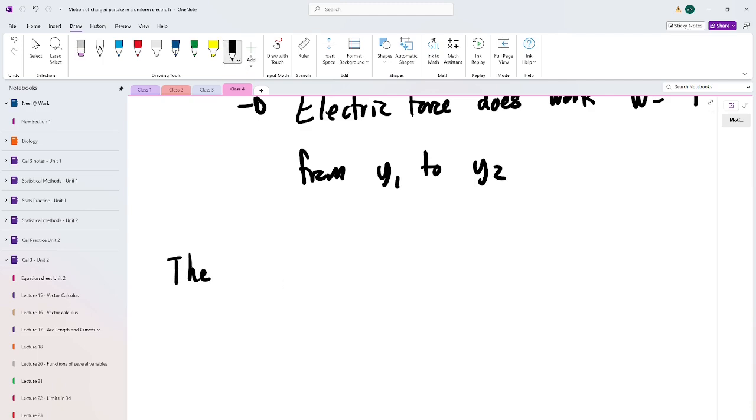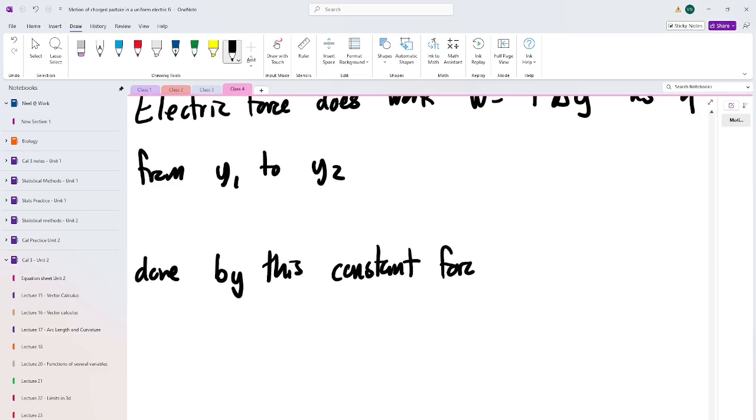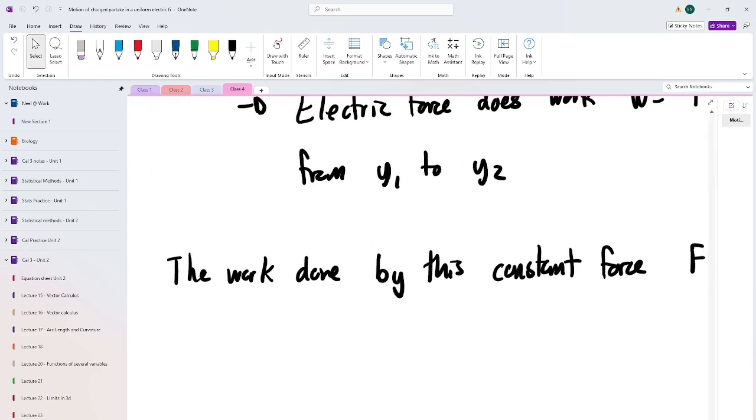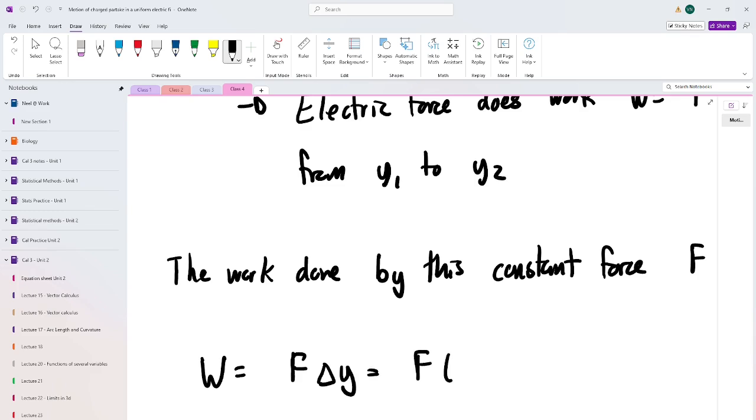The work done by this constant force F equal to QE, as we defined earlier, is W equal to F delta Y. So W is equal to F times Y2 minus Y1.